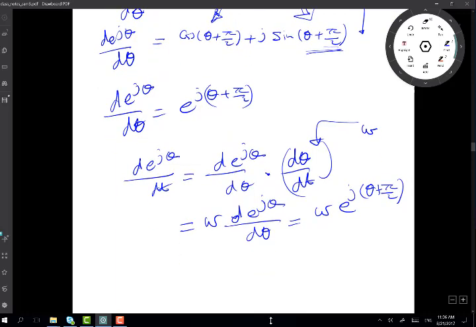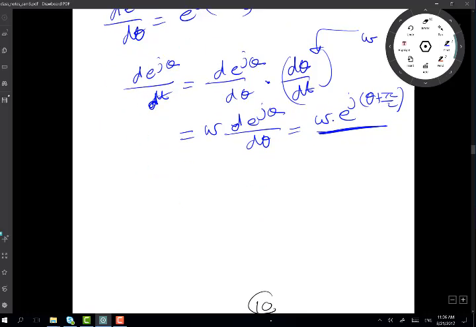So what you do, if you differentiate the term e to the j theta with respect to time, you add 90 to theta and multiply the term by omega, which is d theta dt.